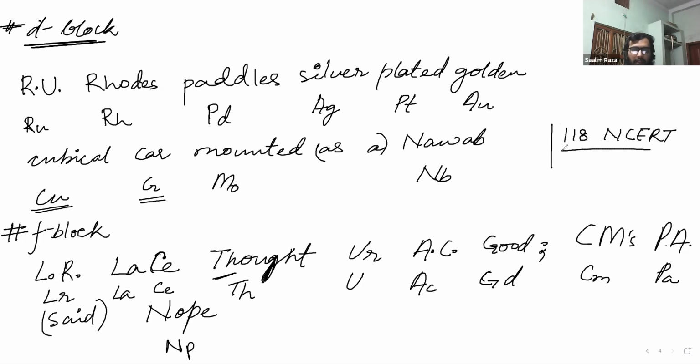If they have given 118 electronic configurations, including the exceptional ones, they have the authority to ask you about any one of these 20. So don't think this is only for competition exams. You will revise this even if you are going for your board examination. Got it? Yes, sir. Good.